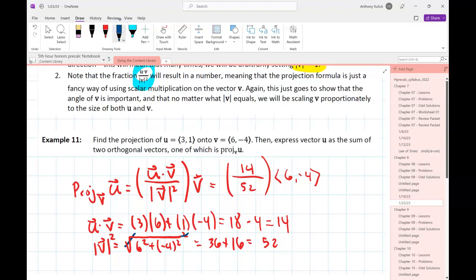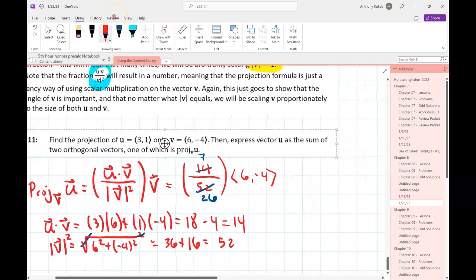Now, before I go and do this, I'm going to reduce that fraction, right? So let's do that. And then I'm just going to do the scalar multiplication.